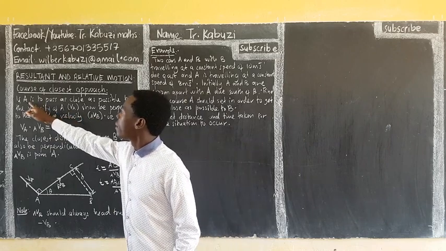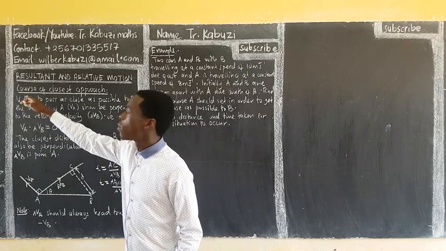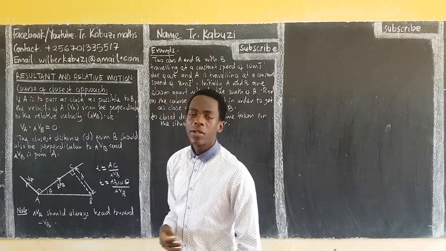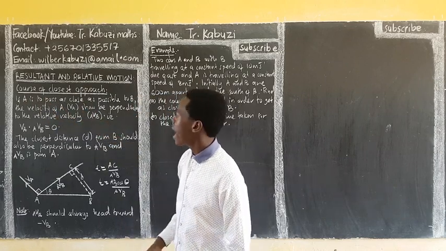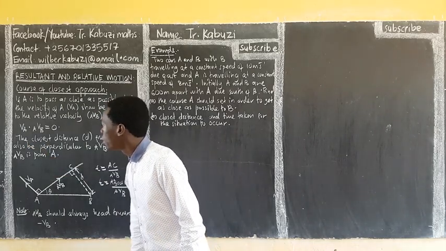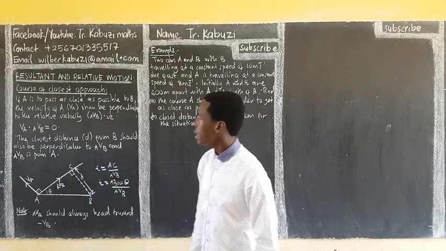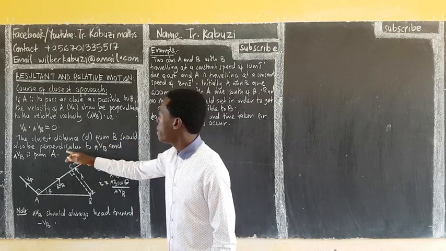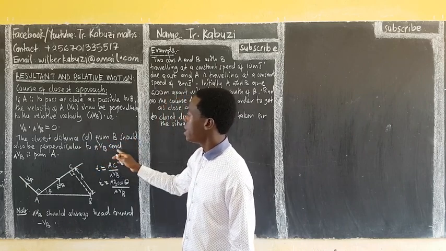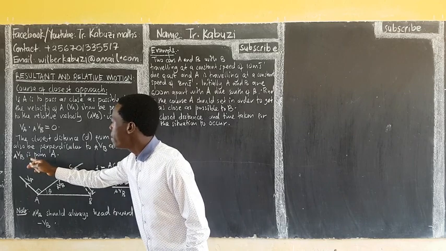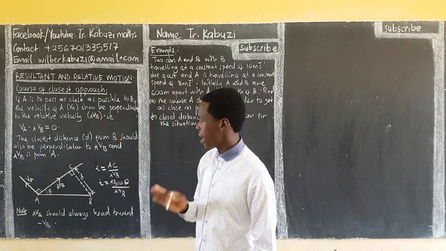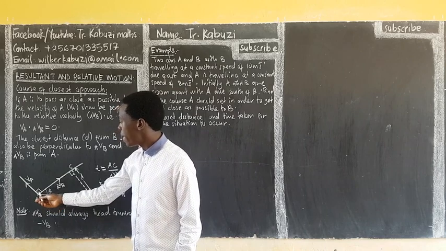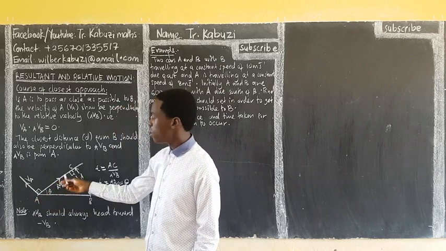So the velocity of the one which is to cross as close as possible to the other should be perpendicular to the relative velocity of the two, i.e., when you dot these two, you should get 0. The closest distance from B should also be perpendicular to VAB, and VAB is from A. This is the idea.